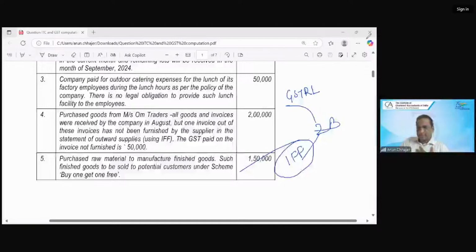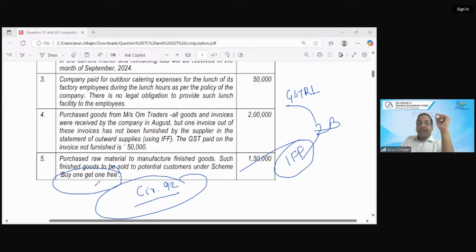Is that clear? You may ask a counter question if you have. The answer is buy one get one free. If you read Circular 92, very beautifully drafted, it says that buy one get one free is not the sale of two different items.